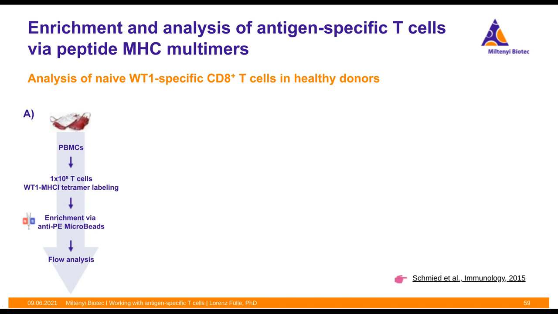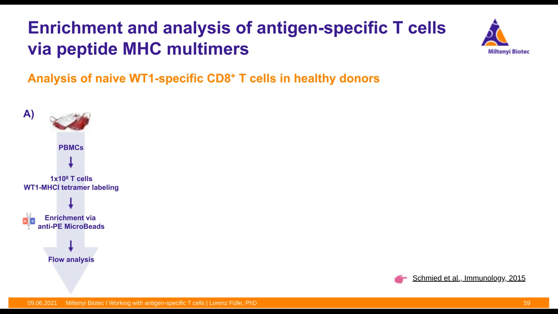So in this last example, from a publication by Schmid and colleagues published in Immunology in 2015, naive Wilms tumor protein 1 specific CD8 positive T cells were analyzed in healthy donors. This Wilms tumor protein 1 is a transcription factor that is expressed at high levels in several hematological, but also some solid tumors.